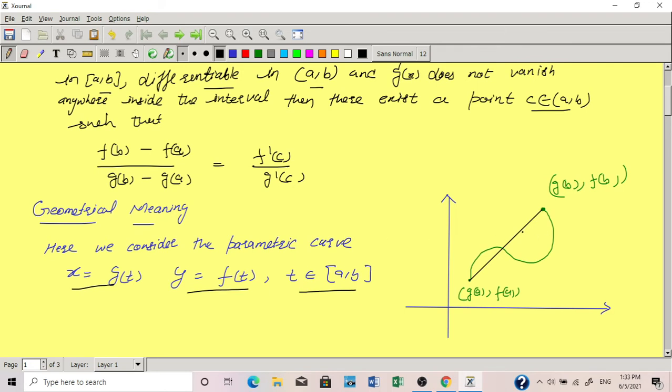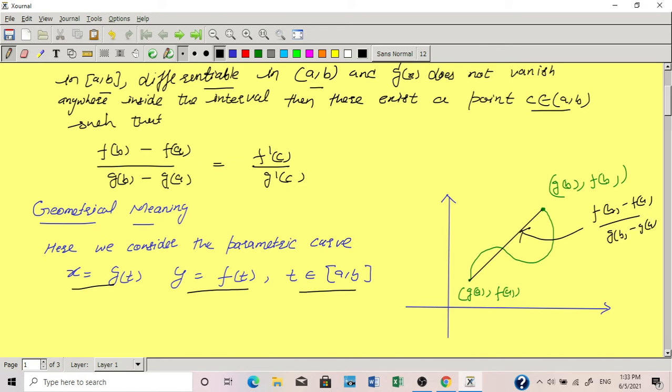What is the slope of this line? Its slope is f of b minus f of a divided by g of b minus g of a.